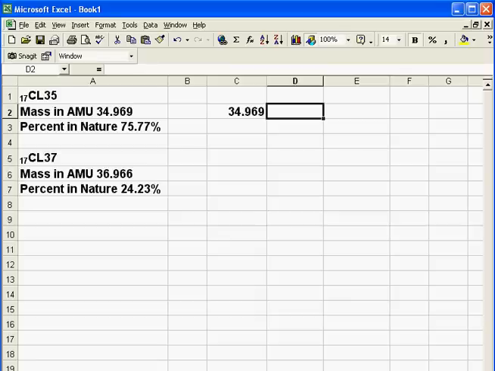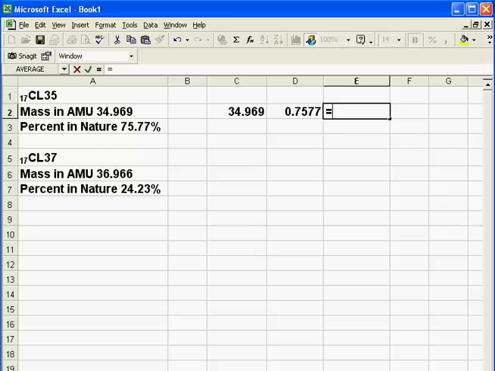When you multiply by a percentage, the word percent means per 100, so you can't just multiply it that way. You need to multiply by the decimal. You convert a percentage into a decimal by moving the decimal place over 2. So this is really not 75, but 0.7577.